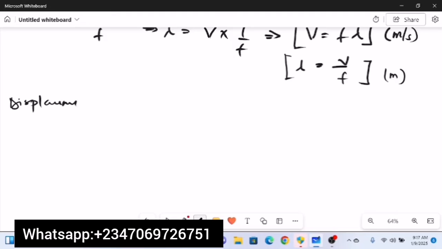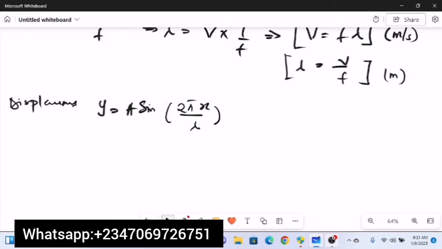And the displacement y is simply given as A sine 2 pi x all over lambda. So this is the equation for all waveforms.